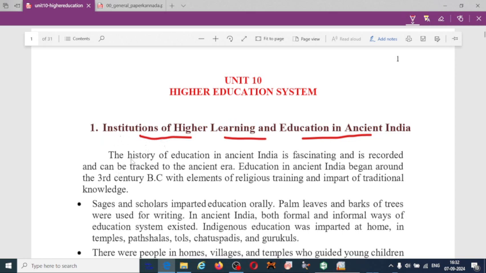So if we consider higher learning or education in ancient India, the history of education in ancient India is fascinating and is recorded and can be tracked to the ancient era. Ancient India began around the 3rd century before Christ with elements of religious training and imparting of traditional knowledge.